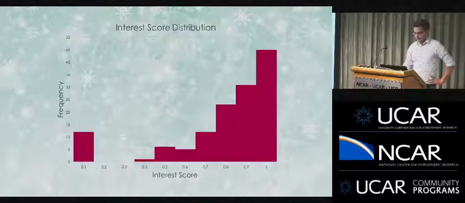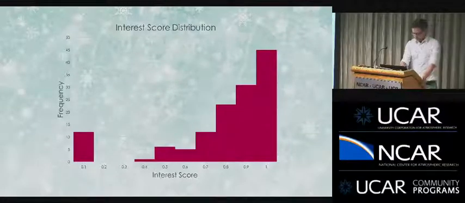But about 75% of the cases get an interest score of above 0.7. So for the most part, it looks like the work that we did previously, considering a band in the forecast and observation to be a hit if they occur at the same time, isn't too bad of an assumption. They're typically the same object.